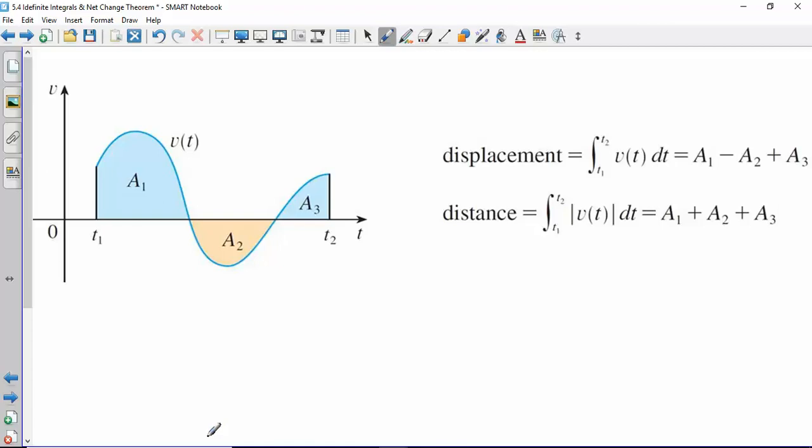But if I wanted to know the total distance that pencil has traveled, is it a distance of 0? No, it traveled her and it traveled back. So if I want distance traveled, we need to do absolute values. We don't want to subtract off when something goes backwards. We want to add that in. But if I want displacement, that's just how far is it from the starting point. Then we don't have to worry about doing absolute value. We just integrate like normal and those negatives will come off. Does that make sense?